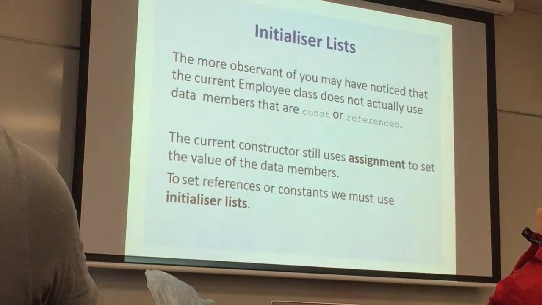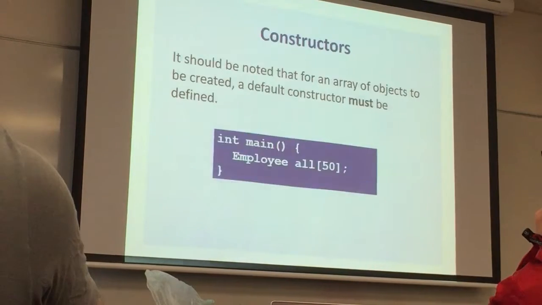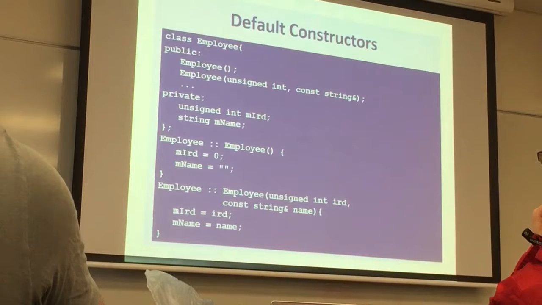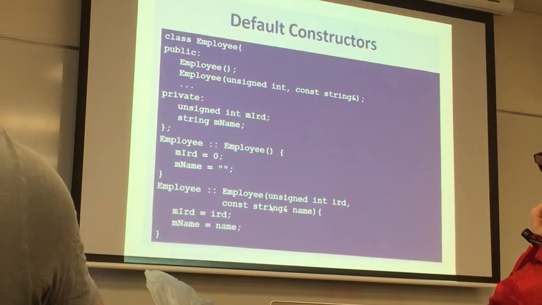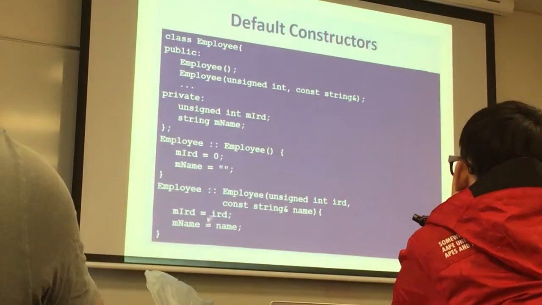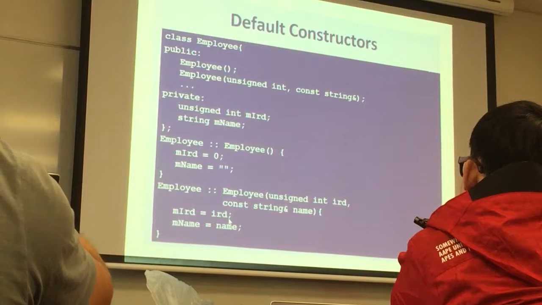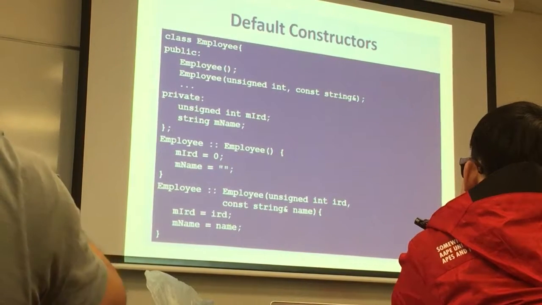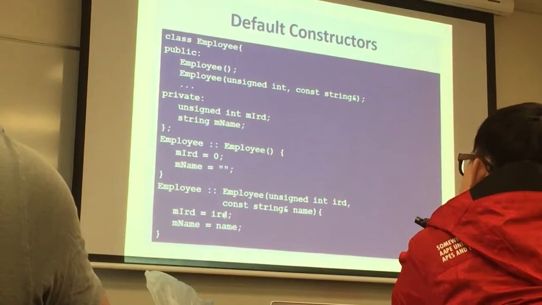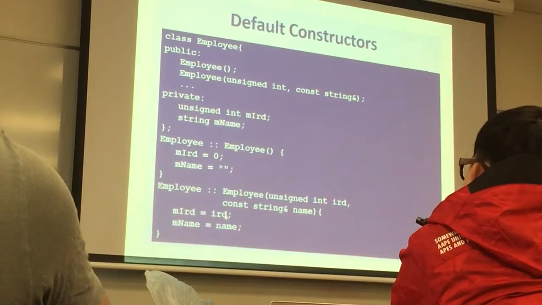We have seen that our constructor uses assignments. And if we go back, notice here, in this constructor, a string is assigned to another string. An unsigned number is assigned to another unsigned number. With this kind of construction, there are various functions called.